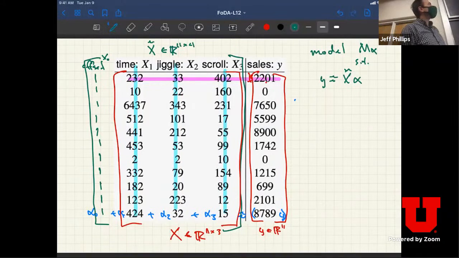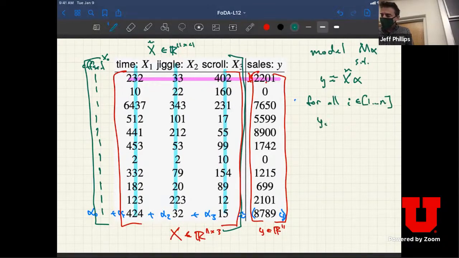So now, instead of just saying this, this was equivalent to saying, for all i in 1 up to n, I wanted y_i to be approximately the dot product of x tilde_i times alpha, right? But I can say it with the whole matrix here.